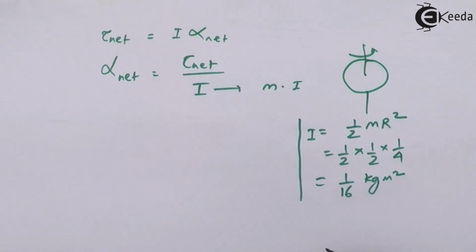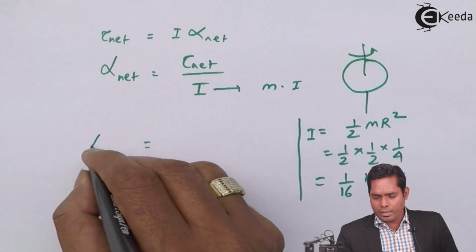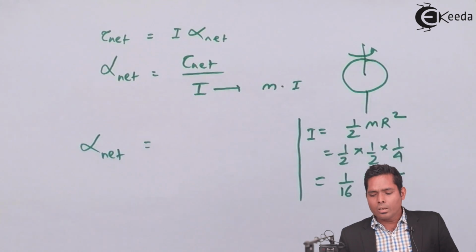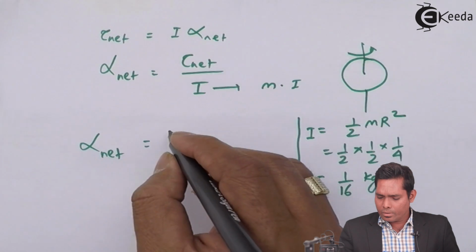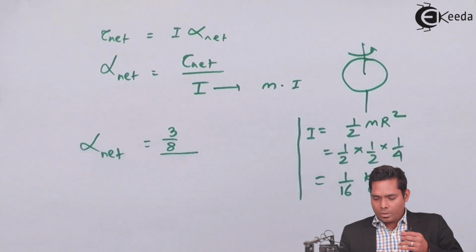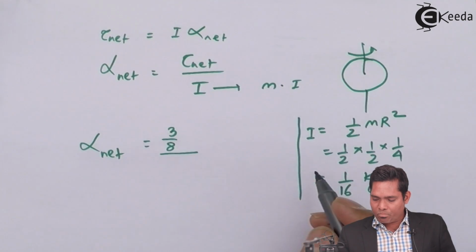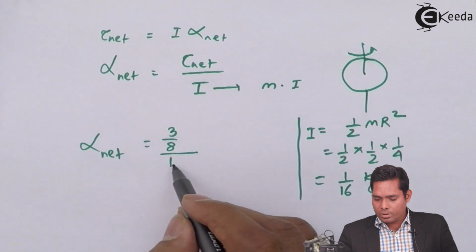Substituting the value of I in this equation, we have alpha net. Net torque we got is 3 by 8, divided by the moment of inertia I, which I got as 1 over 16.